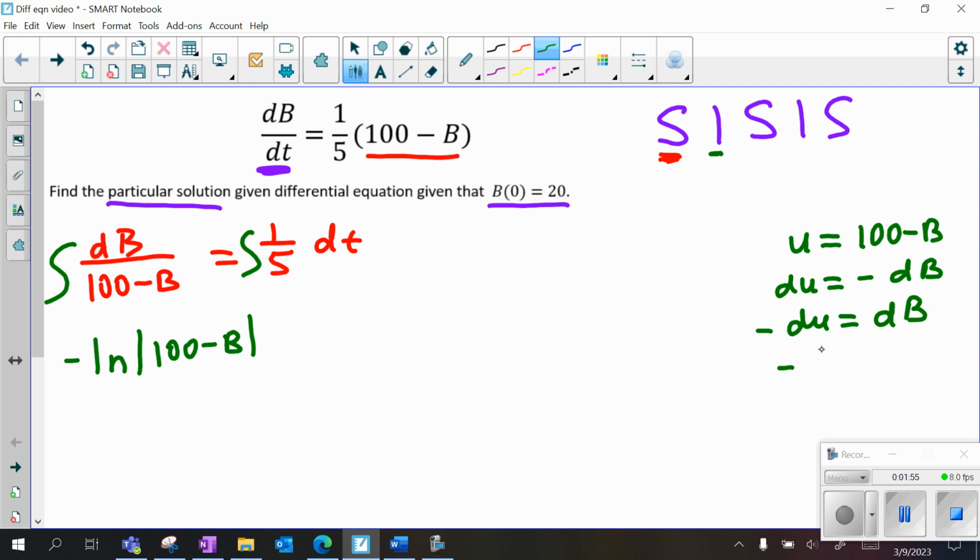Now we can write the whole integral in terms of u. And when we integrate u to the negative 1, we get negative ln of u plus c, where u is the 100 minus b. And on the right, we have 150 t, so this becomes 150 t, and we'll write the plus c.